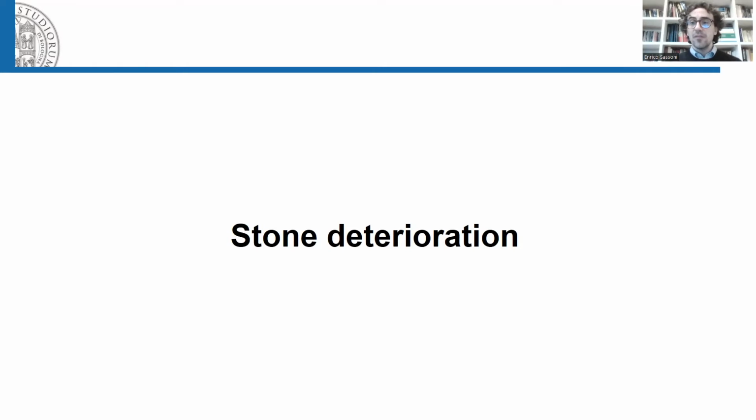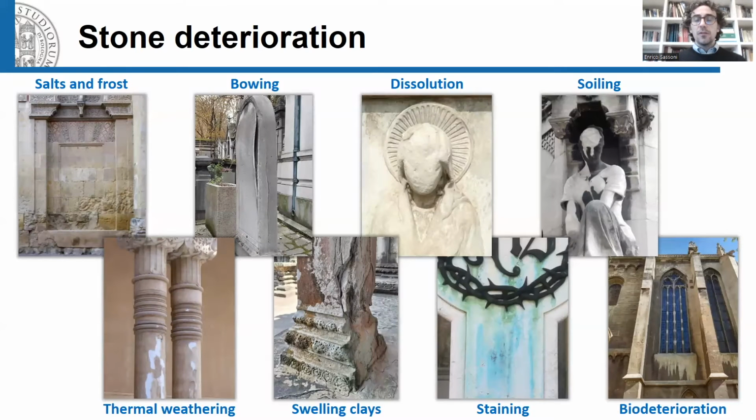So the first part of the presentation will be about deterioration of stone, while the second part will focus on conservation strategies. So stone deterioration processes can be chemical, chemophysical, physical, or biological in nature.